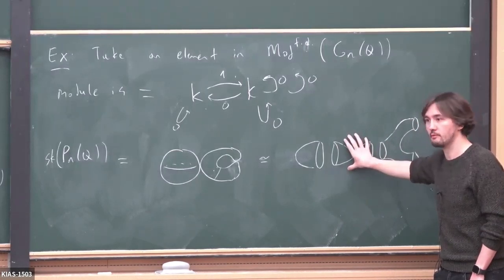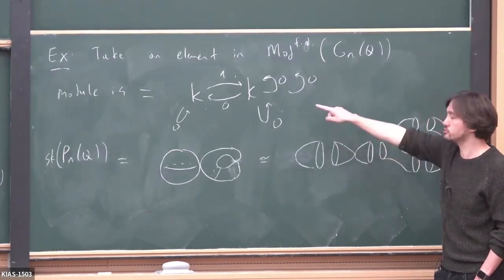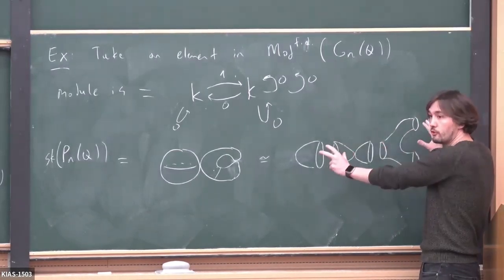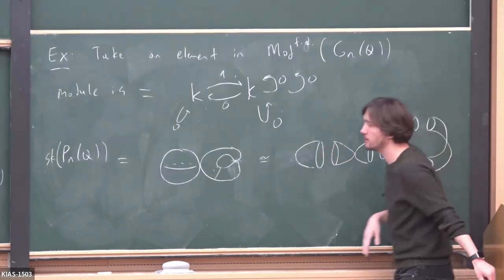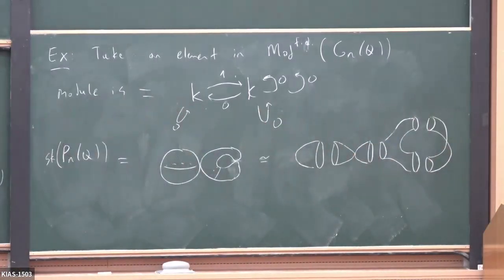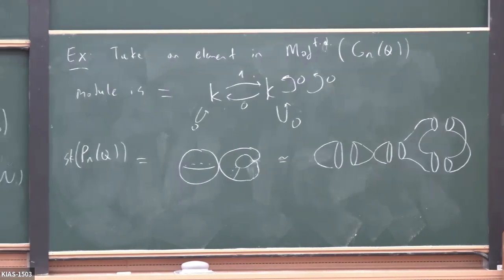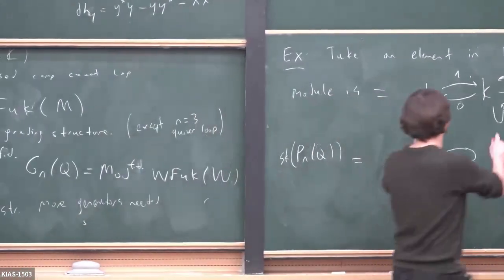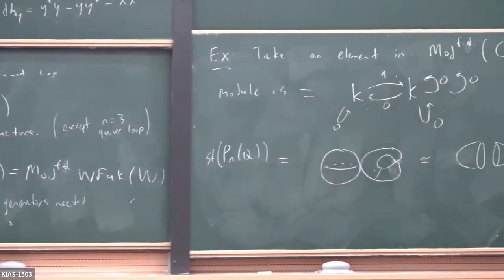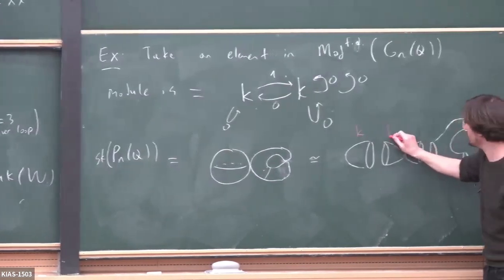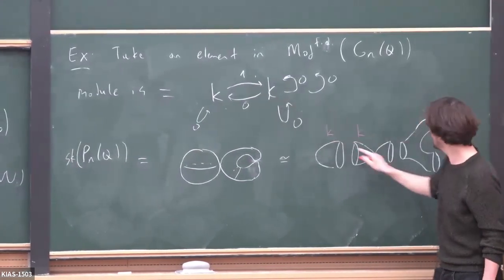So if you give me a module, I can maybe draw it. So let's say that module. How does that module decompose on that space? So that K is actually for this part, right? So it's K here, K there. That K also.